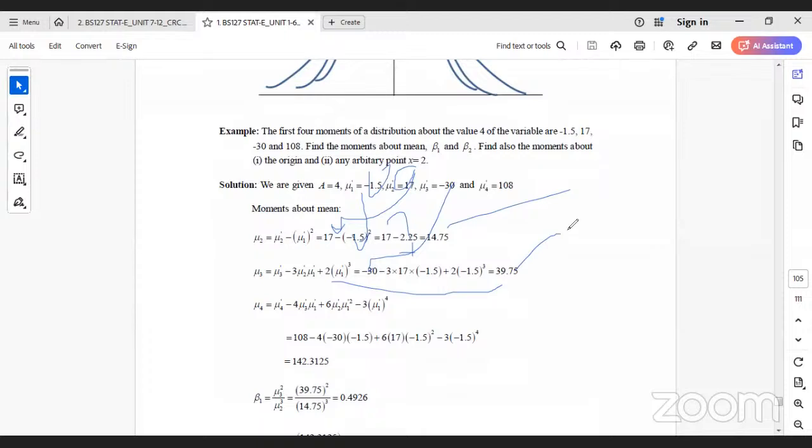Yes, sir, 39.75. Okay, good. So mu4 = mu4 dash minus 4 mu3 dash mu1 dash plus 6 mu2 dash mu1 dash whole square minus 3 mu1 dash to the power 4.